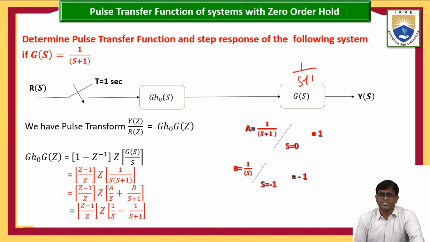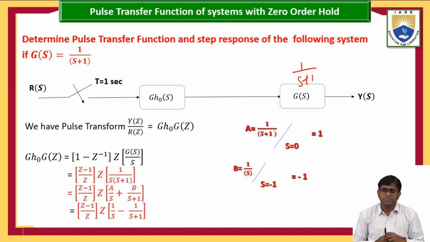What is the basic formula we saw in the previous section? The pulse transfer function of the system with zero order hold device, where the pulse function is given to the forward path, is 1 minus Z inverse of G of S by S.